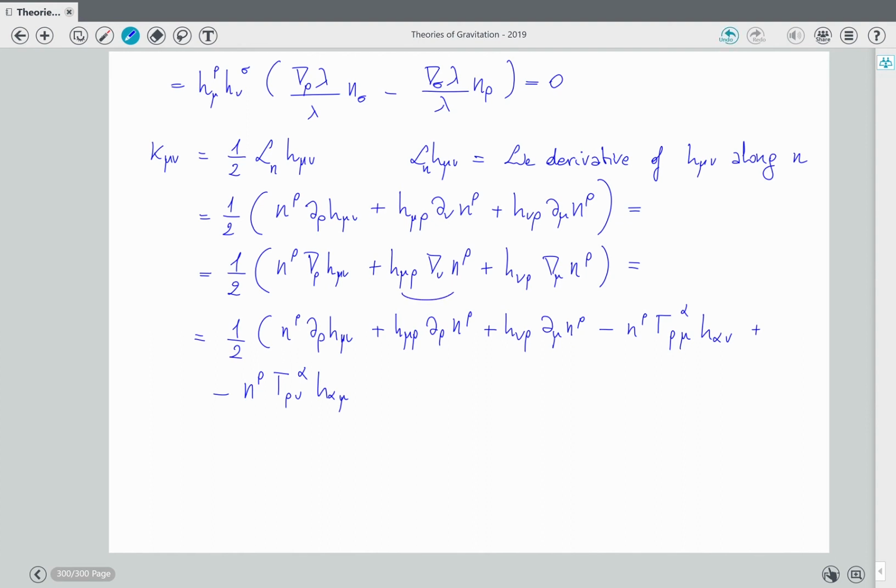From the second one you have a plus h_{mu rho} Gamma^rho_{nu alpha} n^alpha, and from the third one you have h_{nu rho} Gamma^rho_{mu alpha} n^alpha.